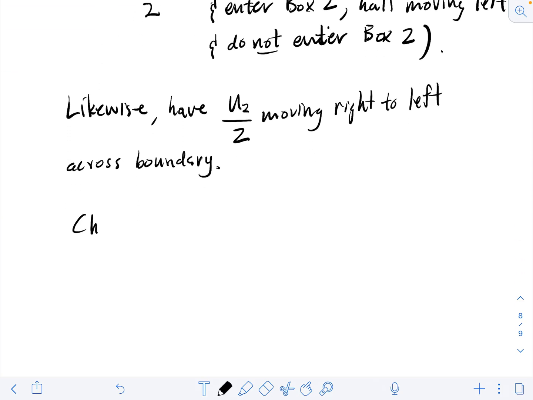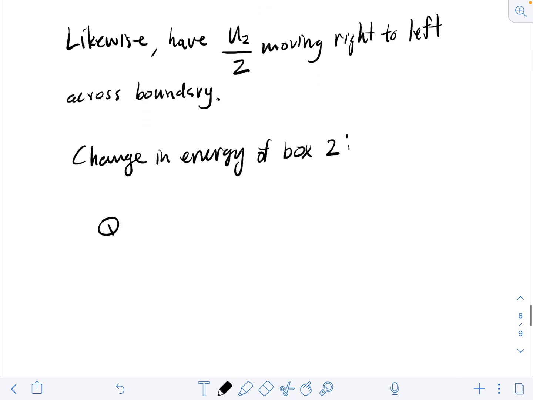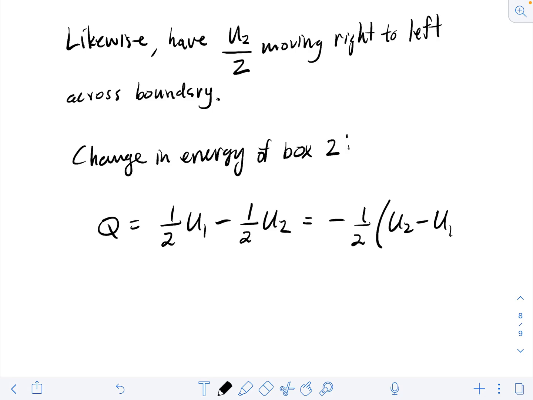Okay, so then we could calculate the change in energy of box 2. Let's call that change in energy Q. It's going to gain an energy of 1/2 of U1, and it's going to lose an energy of 1/2 of U2. So it's accepted particles from box 1, and it's lost some of its original particles. And so we could write this as minus 1/2 times U2 minus U1.